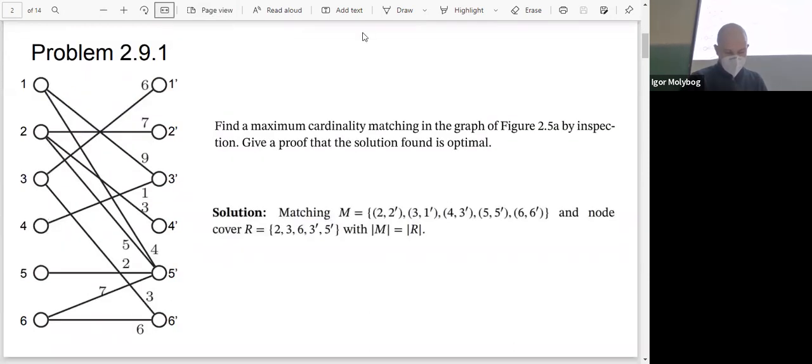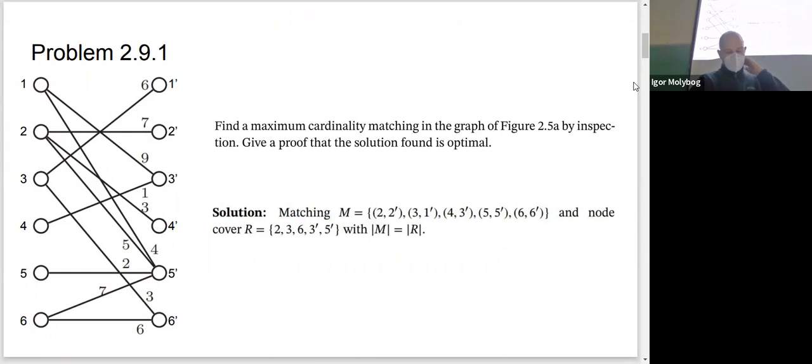The first problem that we're going to be discussing concerns the maximum cardinality matching and the minimum cardinality covering that we have covered during the lecture. This problem asks us to find the maximum cardinality matching in the graph over here by inspection, and then give a proof that the solution is optimal.